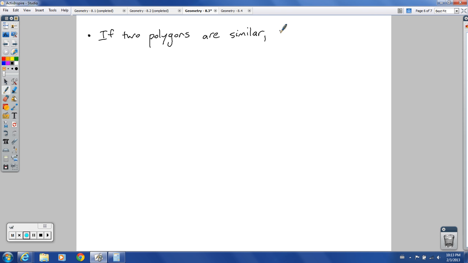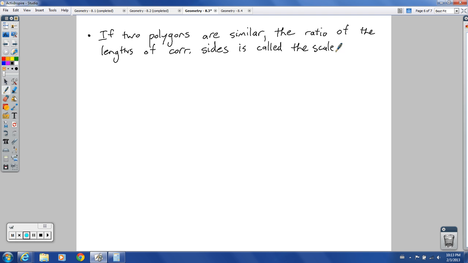If they are similar, the ratio of the lengths of corresponding sides, and notice I'm abbreviating corresponding most of the time in this lesson, is called the scale factor.